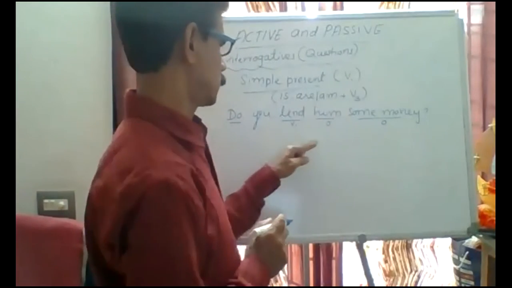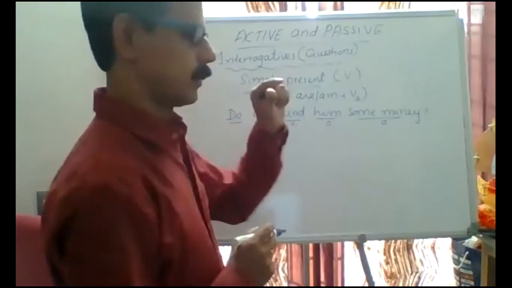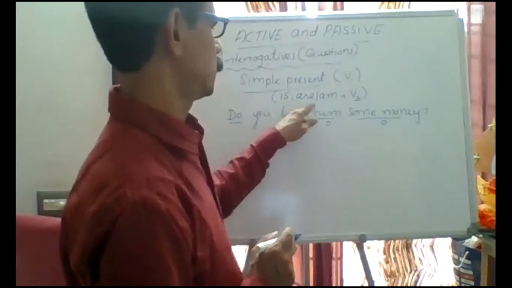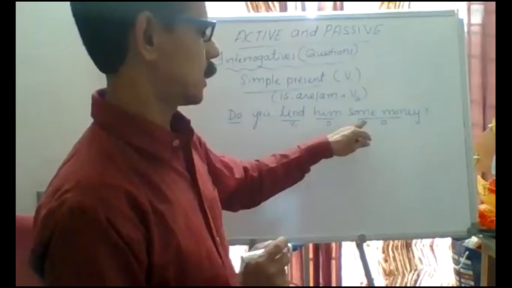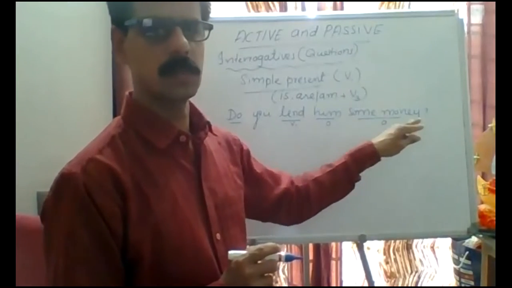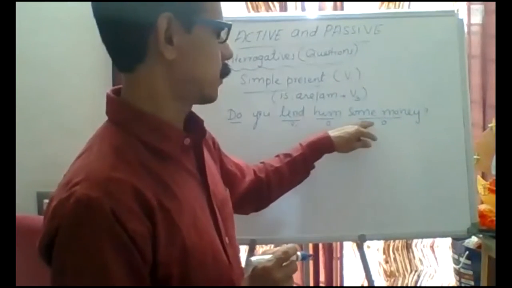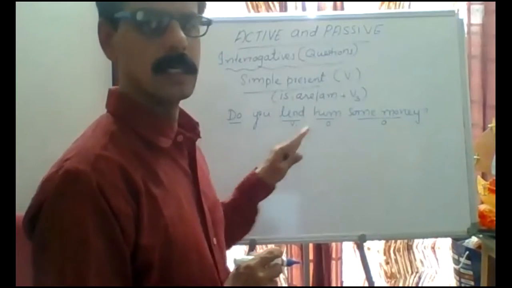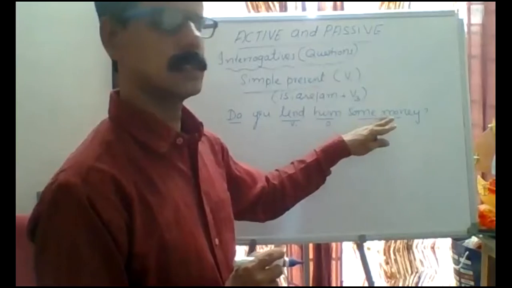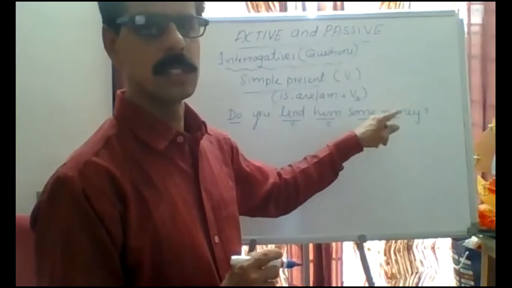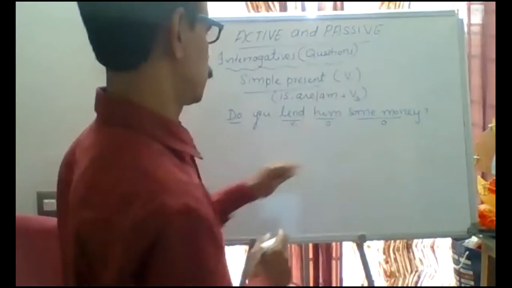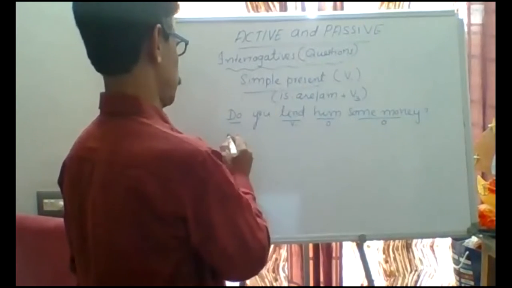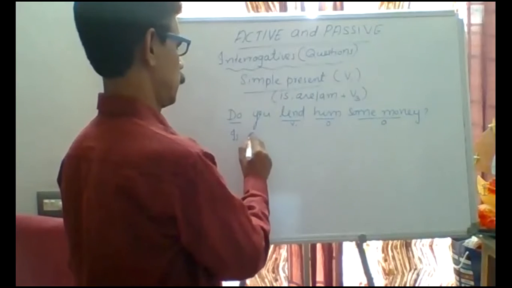If it is an interrogative sentence, a question, we should start the sentence with is or are, based on the number of the subject. The object becomes the subject here. So if I take some money as the object, it becomes the subject. What is its number, singular or plural? It is a singular subject, so I use is: is some money.